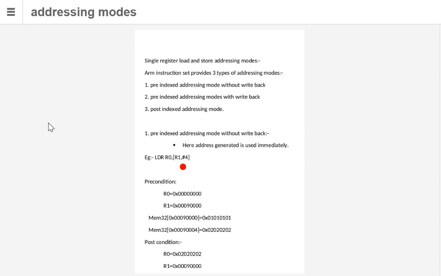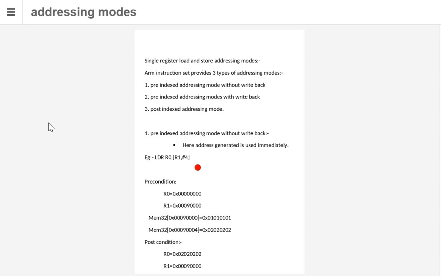Whatever register is given in square brackets, I can name that register the base register. In my example, R1 is called the base register. Along with the base register, I have an immediate value #4, which I'll call the offset value. So I have named it into 3: the opcode LDR, the destination R0, and the base register with an offset value.